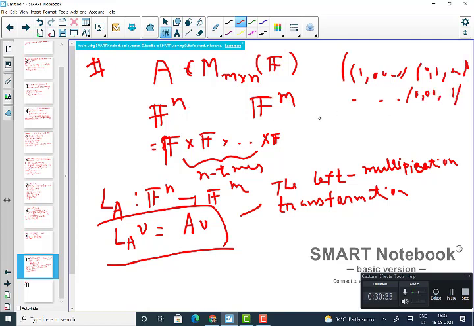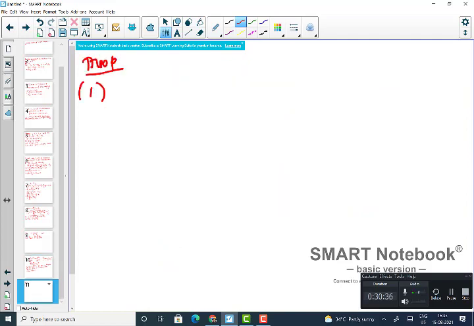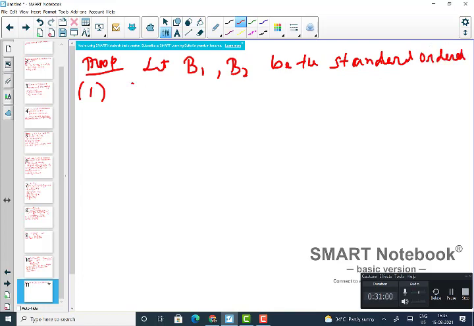Similarly for Fm also. With respect to these two standard ordered bases, let b1 and b2 be the standard bases of Fn and Fm respectively.